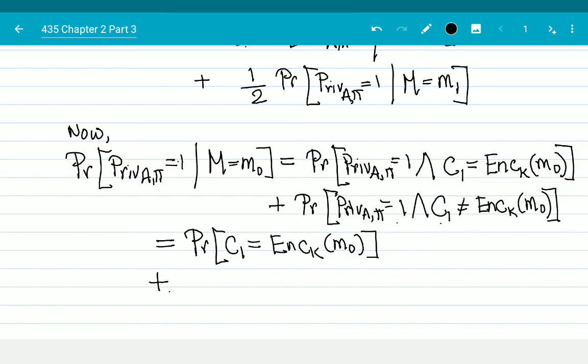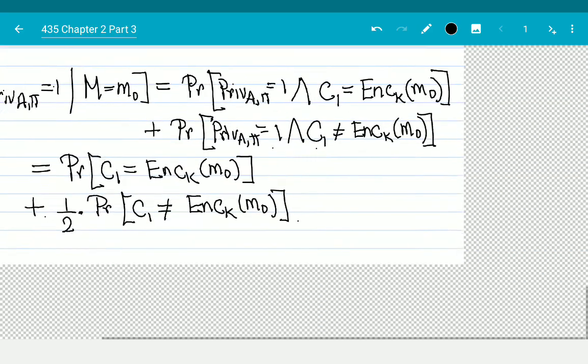So the extra condition that the experiment succeeds happens with 1/2 probability. So this becomes times 1/2 times the probability that c1 was not equal to encryption of m0.